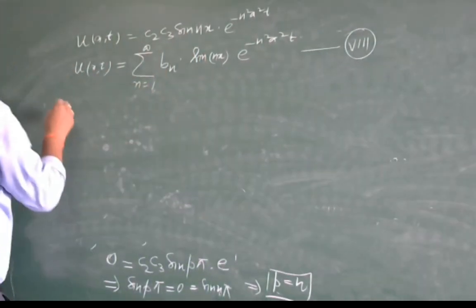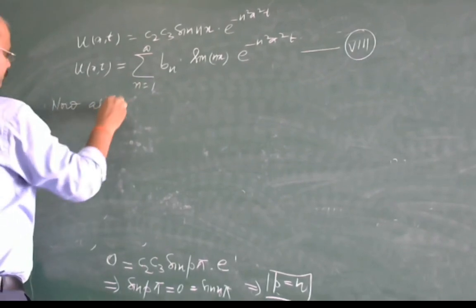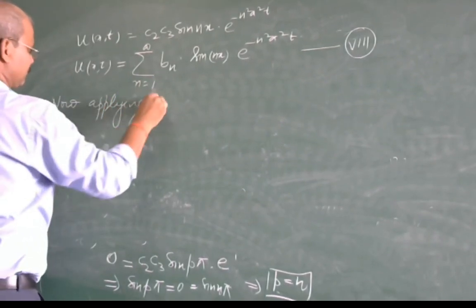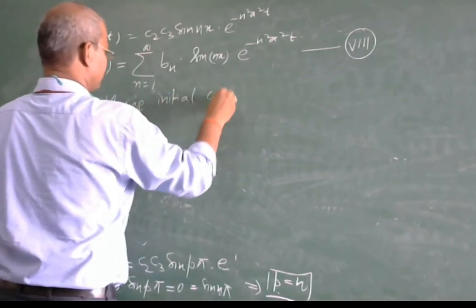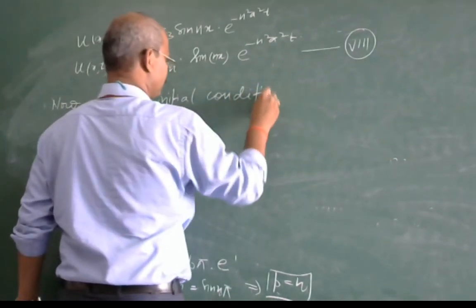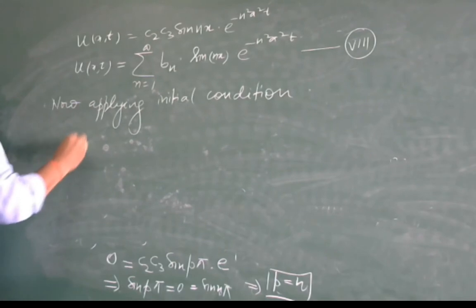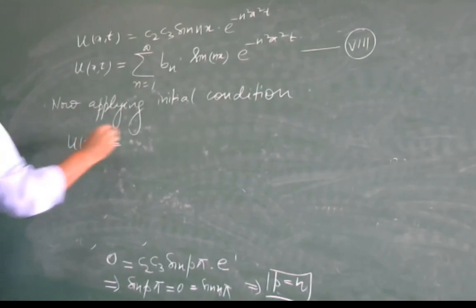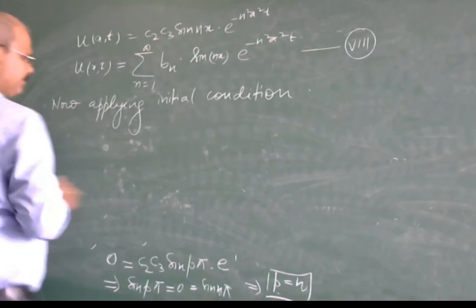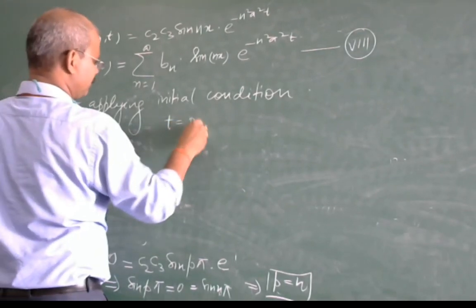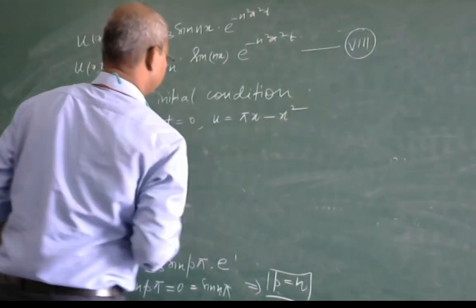Now applying the initial condition on u(x,t): at t equal to 0, u is pi x minus x square.